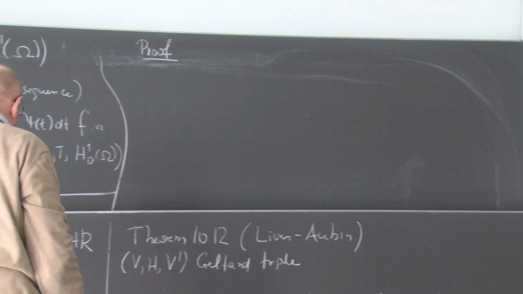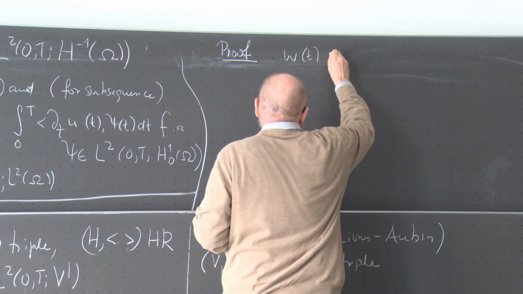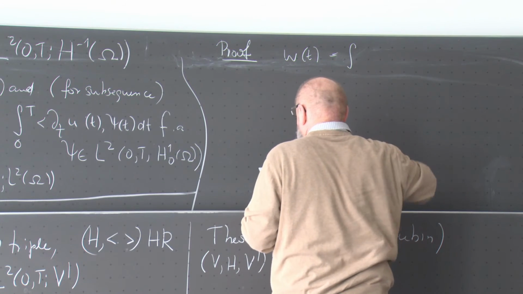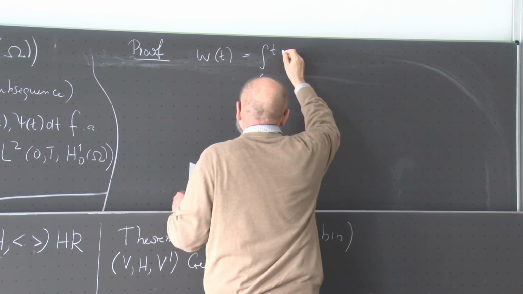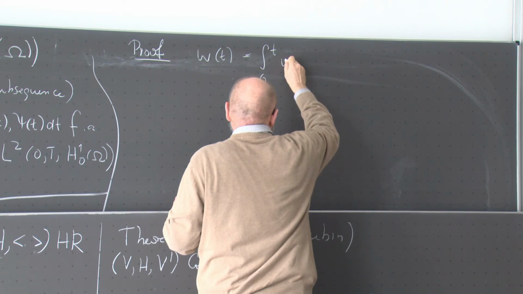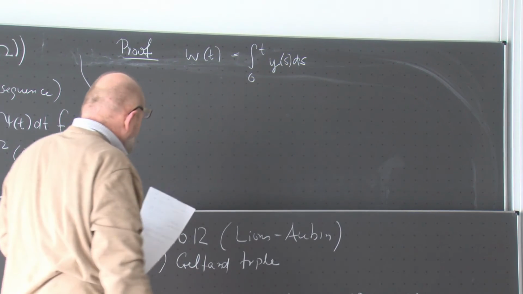So the proof is the following. We look at the function w of t, which is this integral, which we have on the right-hand side. So now, what does that mean?